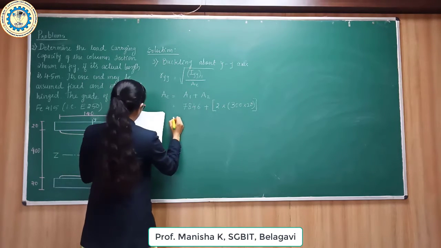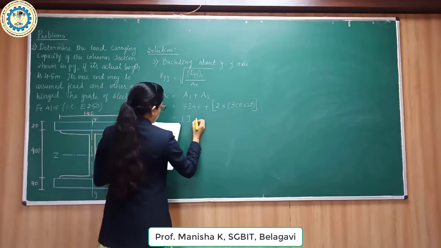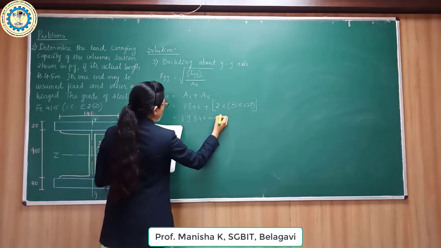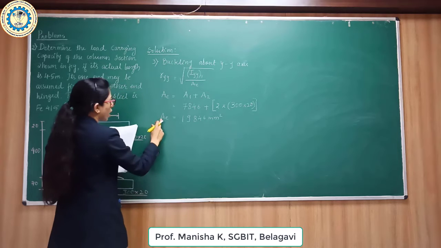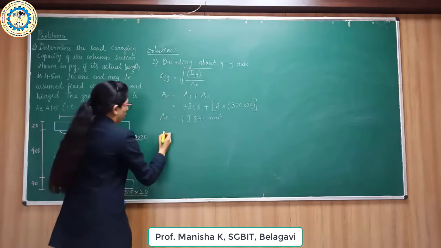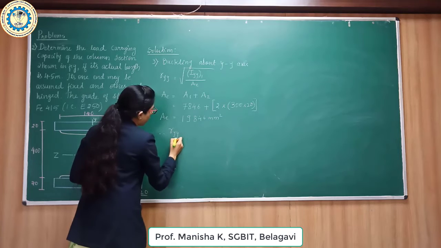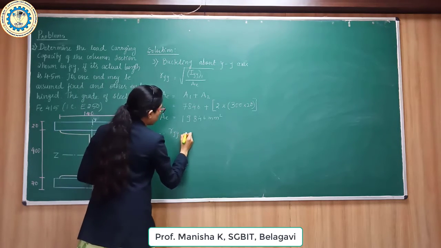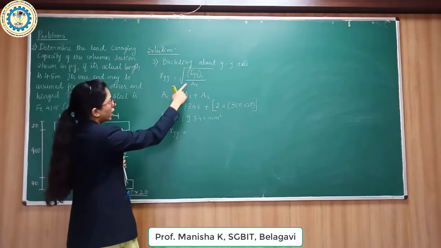Once you calculate, you will get 19,846 mm square as a total cross-sectional area, which is denoted by A of E. Now substitute these values in your R of YY, that is nothing but minimum radius of gyration about YY axis.